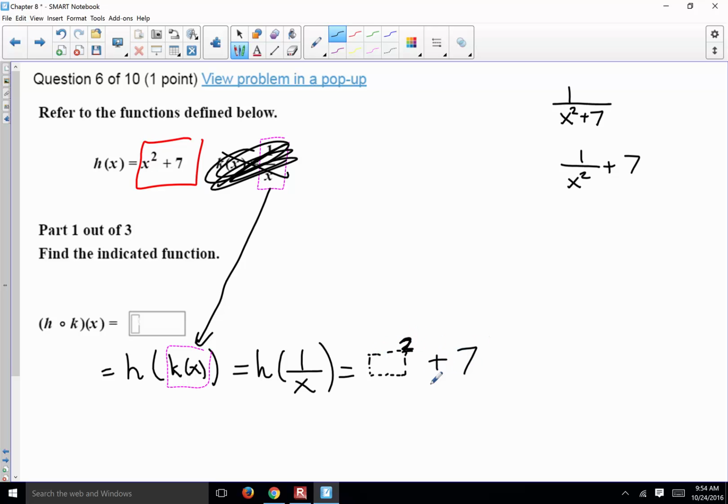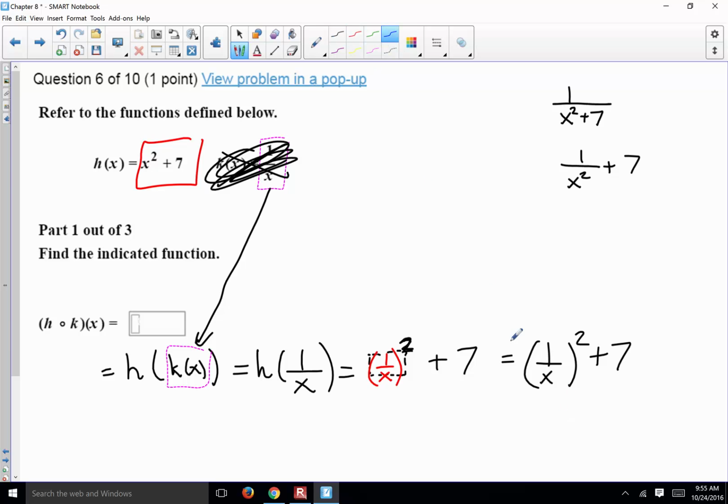We're going to bring in new stuff there. That machine is no longer taking x in, it's taking 1 over x in. So you're going to make this 1 over x. So the result is 1 over x squared plus 7.